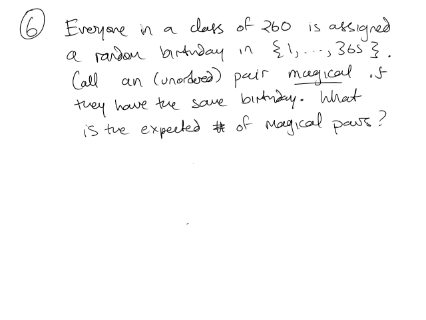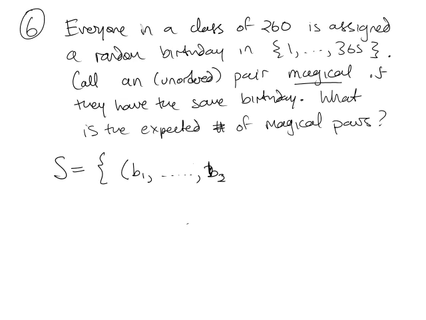To use probability, we have to define a sample space. So let's do that. The sample space here is going to be the set of all sequences of 260 birthdays.